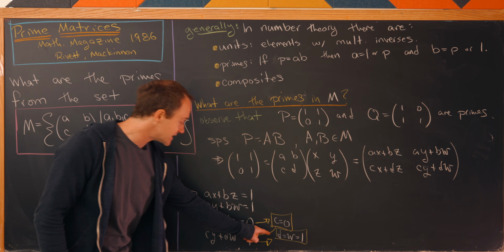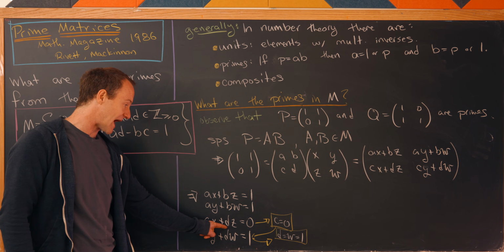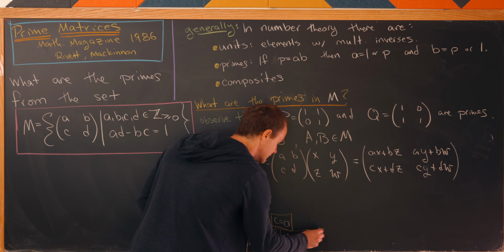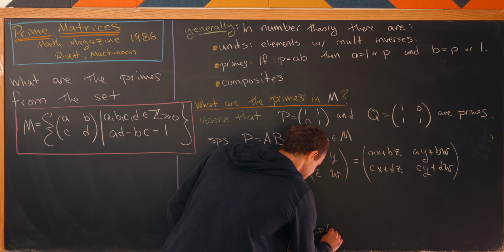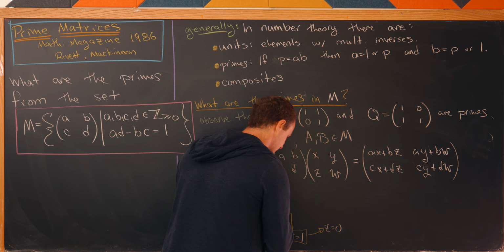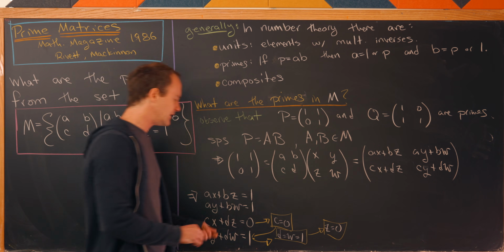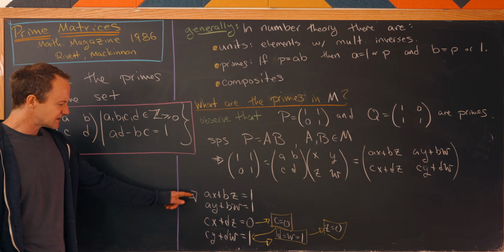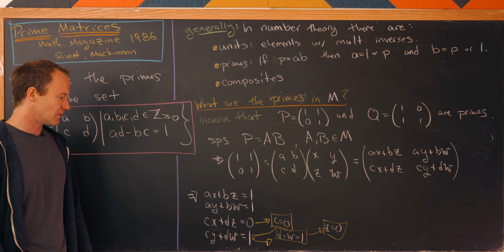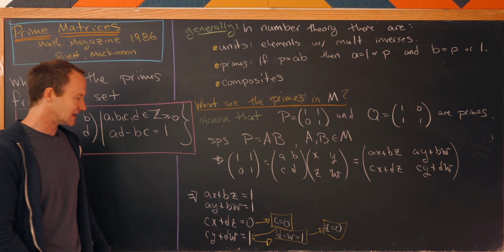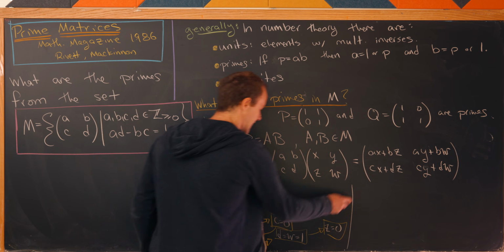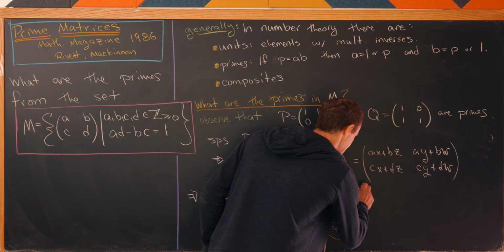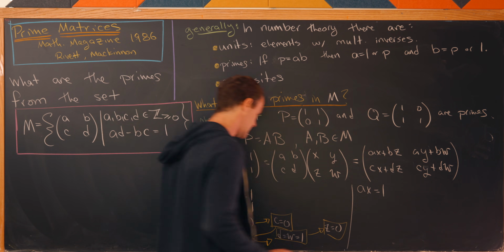Oh, but now notice since D is equal to 1, back up here, we see that Z must be equal to 0. So we've got Z is equal to 0. Okay, so we've determined 4 of our variables. So let's maybe plug those into the remaining equations and see what that leaves us with. Okay, so Z equals 0 plugged up here gives us AX equals 1.